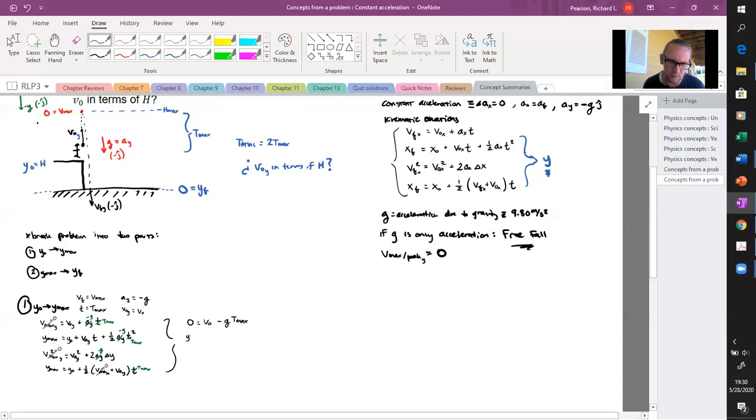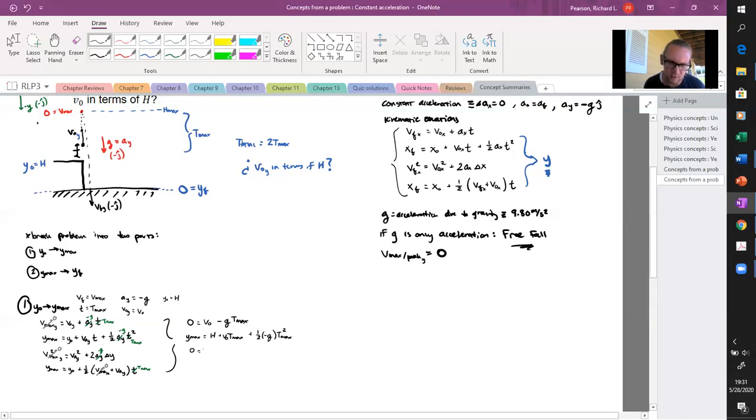The second one is our y max is equal to, I guess we have a y naught too. Wow, we have a lot of information. Our y naught is h plus our v naught t max plus 1/2 negative g t max squared.